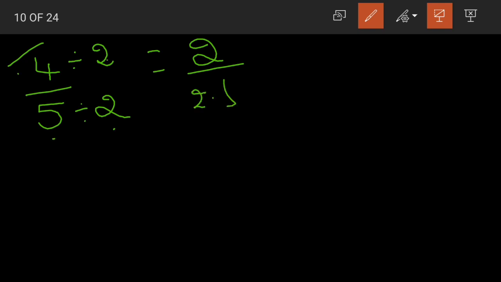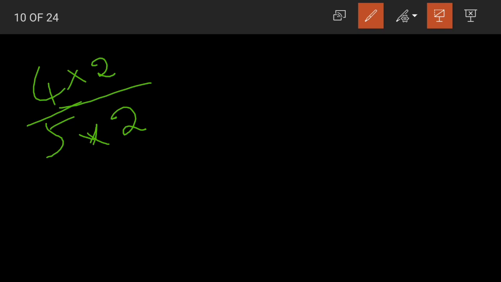If I divide 4 and 5 by 2, 4 by 2 becomes 2, and 5 by 2 becomes 2.5. But I do not want decimals here. I want proper whole numbers.